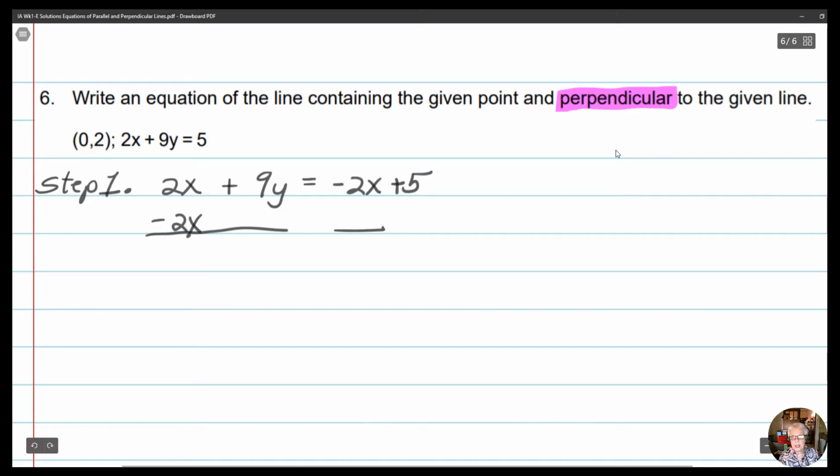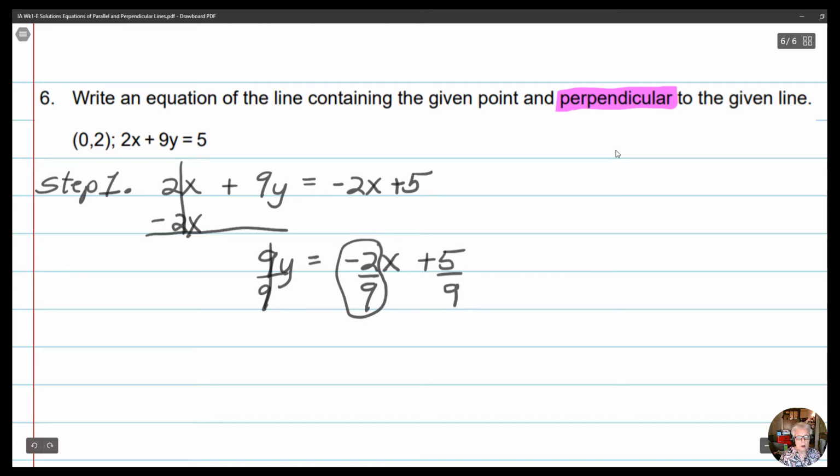Well, don't need that. 9y equals negative 2x plus 5. Divide by 9, divide by 9, divide by 9. Here's the slope of the given line. Okay.